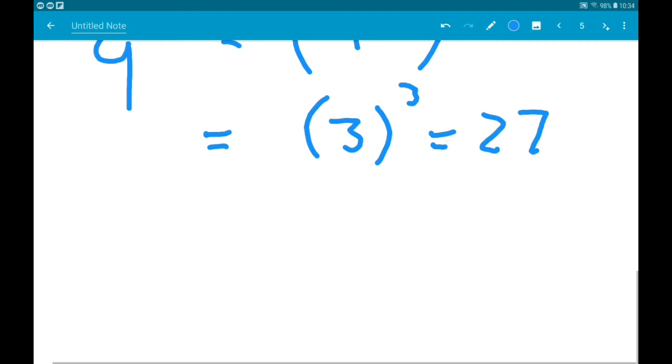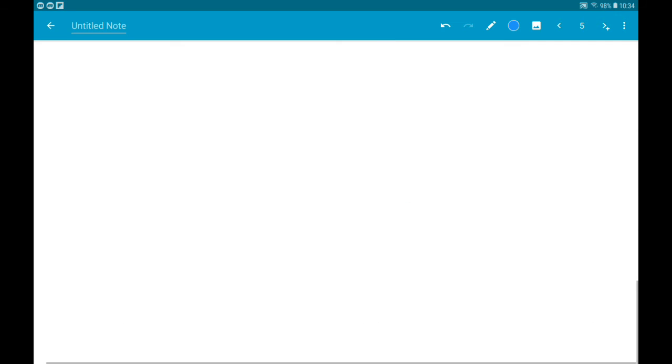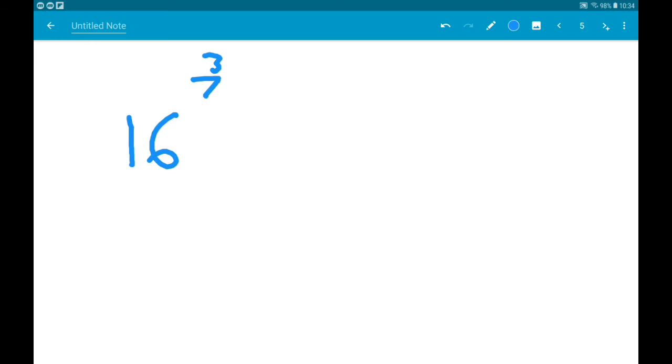Let's go for 16 to the 3/4. Now, at this point, it's worth pointing out we could do 16 cubed first, and then whatever that is, stick that to the power of 1/4.